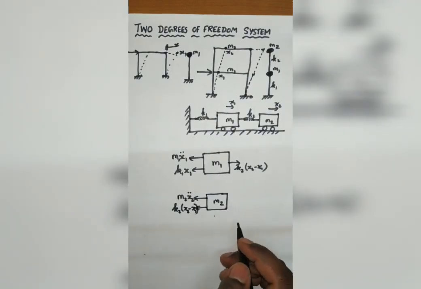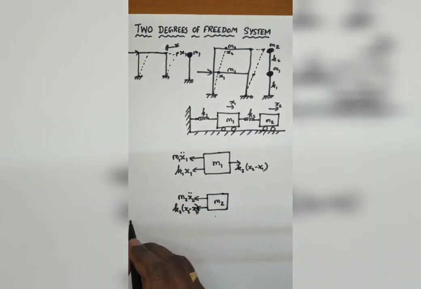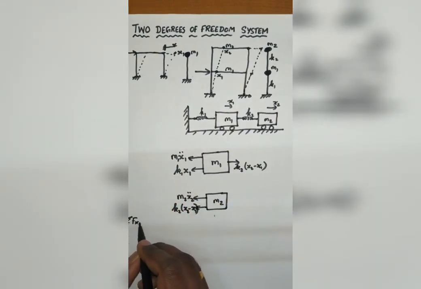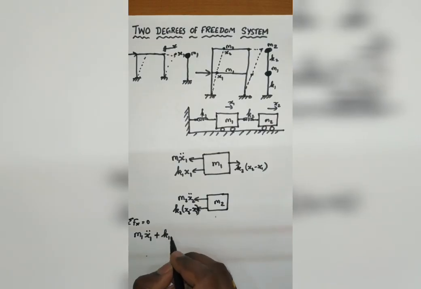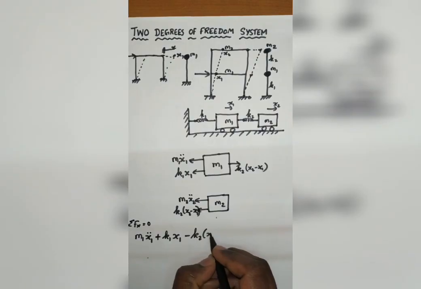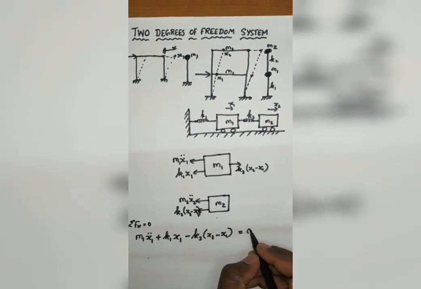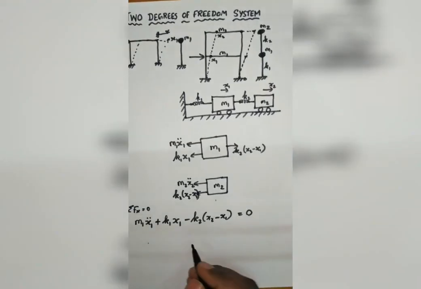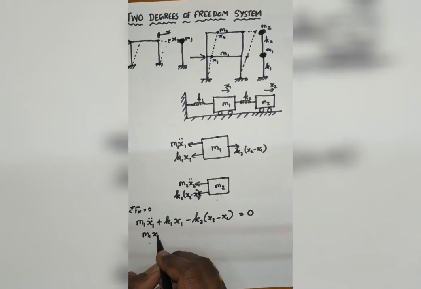Okay, so now to formulate the equation of motion, I have to resolve this in the horizontal direction. For this, I'll be getting M1 x1 double dot plus K1 x1 minus K2 of x2 minus x1 equal to 0. Okay, so here I'm going to simplify this.